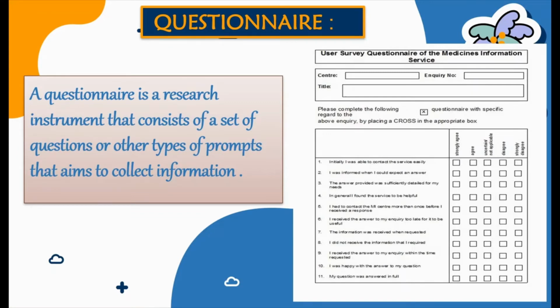The data collected from the questionnaire can be both qualitative as well as quantitative in nature. A questionnaire may or may not be delivered in the form of a survey, but a survey always consists of a questionnaire. Here is an example. This image, as you can see here, is an example of a questionnaire.